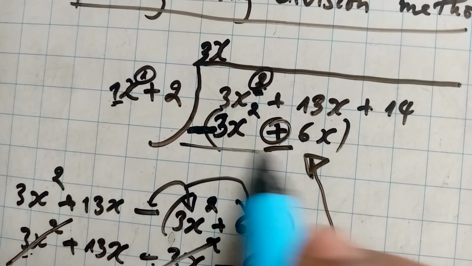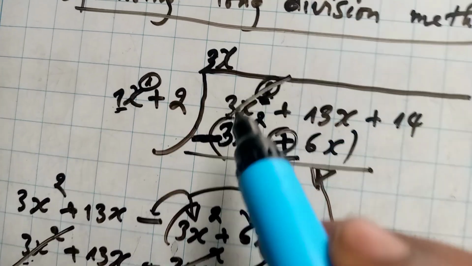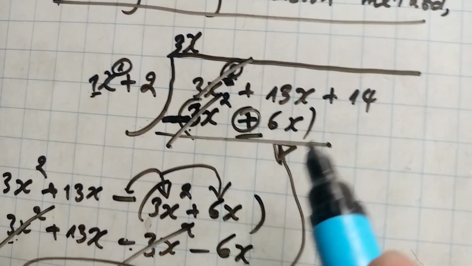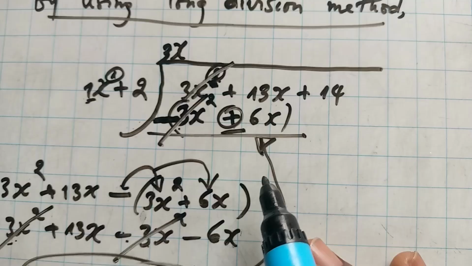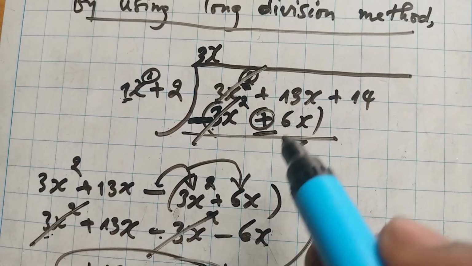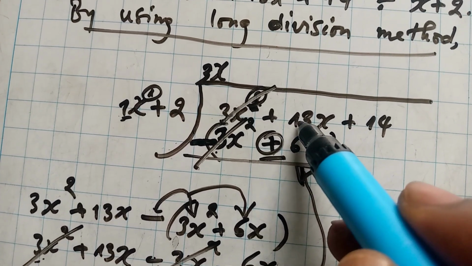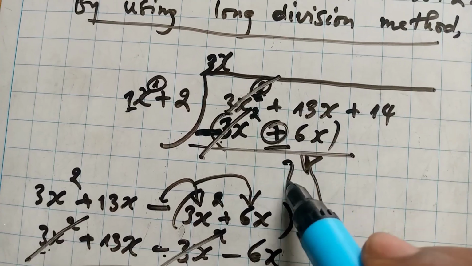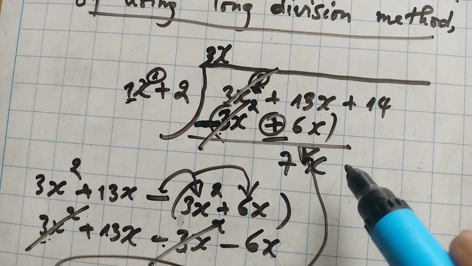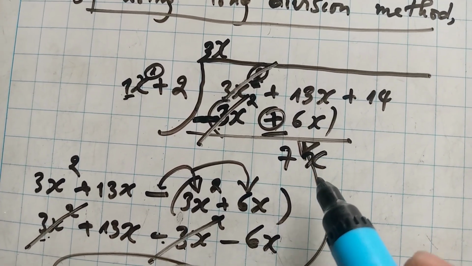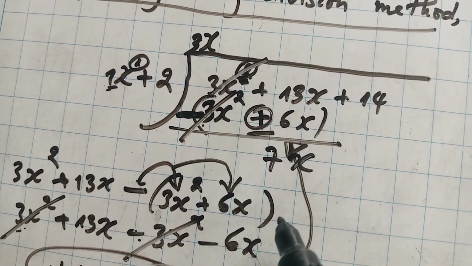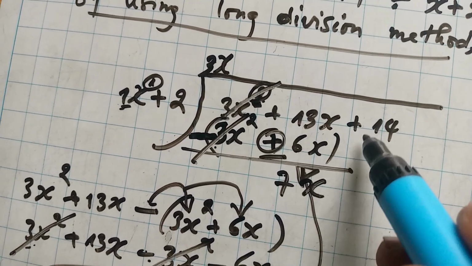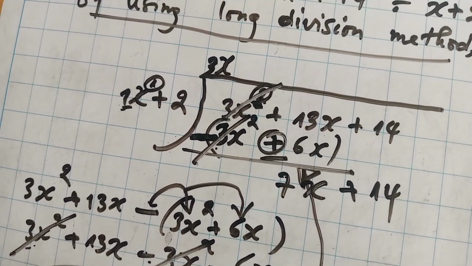So this one is simplified, because this is positive, this is negative: 13 minus 6, which is equal to 7x. So we have 7x here. Then this 7x is positive. We have to bring it down plus 14.